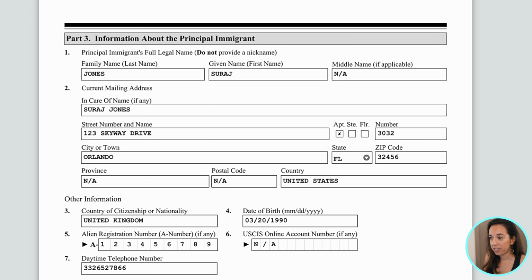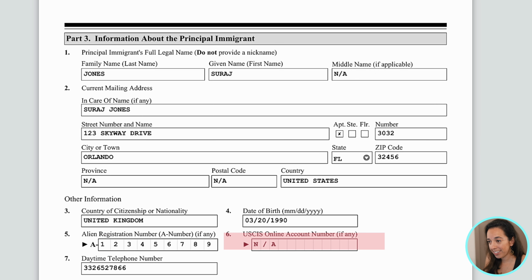Question 3, which is other information, it asks for his country of citizenship or nationality. So I wrote down United Kingdom, as this is where he is from. Question 4, I wrote down his date of birth. Question 5 asks for his A number, alien registration number, which can be found on your NOA 2.